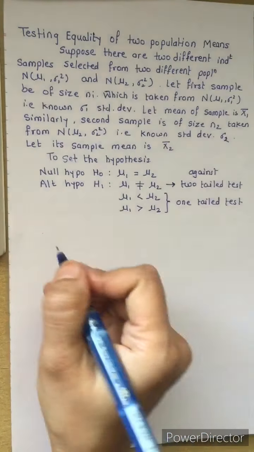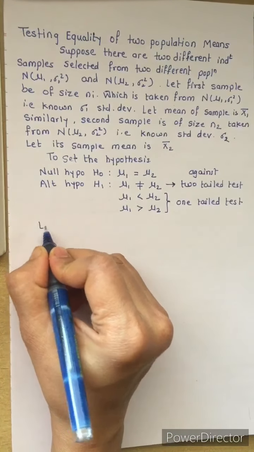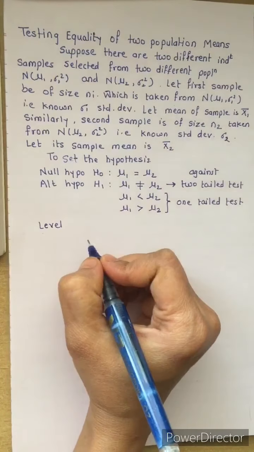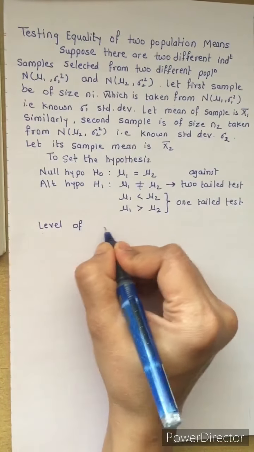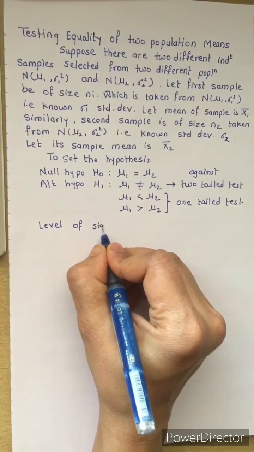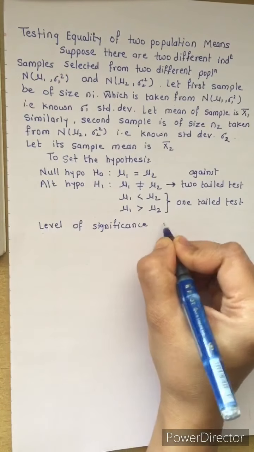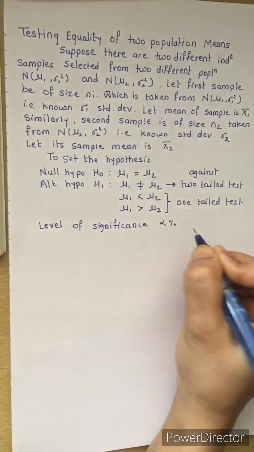Okay, and here the level of significance is given in the example, or you consider it as 5%. In general, we consider the level of significance as alpha %.